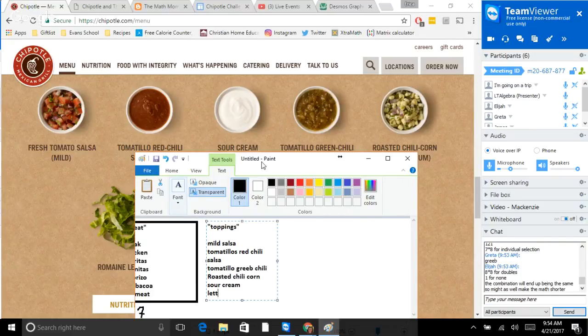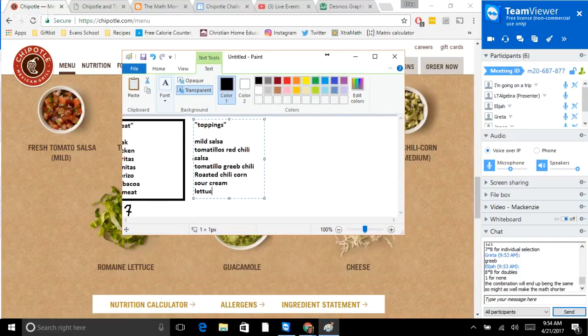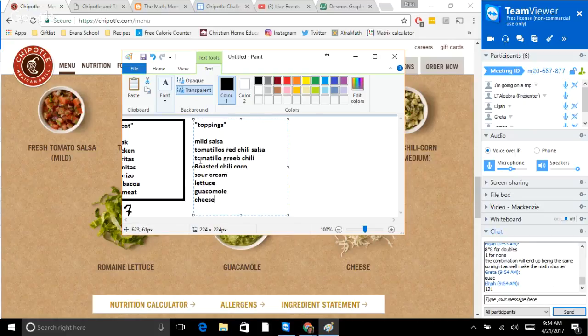What else we got down here? We've got guacamole. And we've got cheese. All right, so how many choices do we have there if we write this out this way? 1, 2, 3, 4, 5, 6, 7, 8.